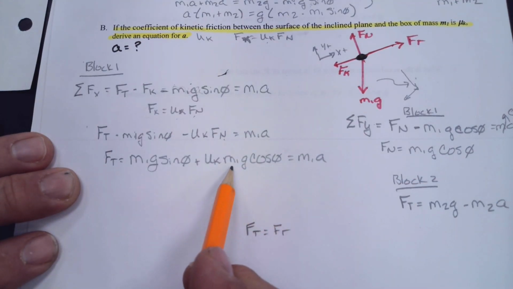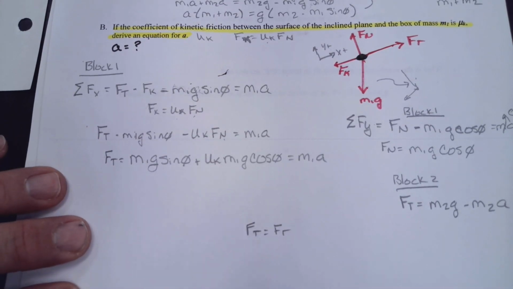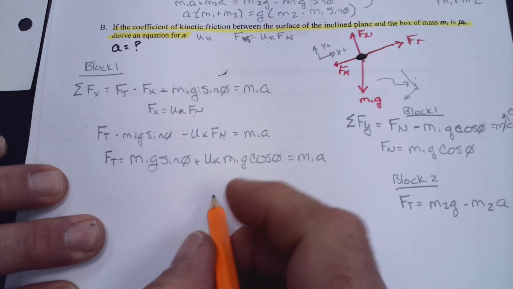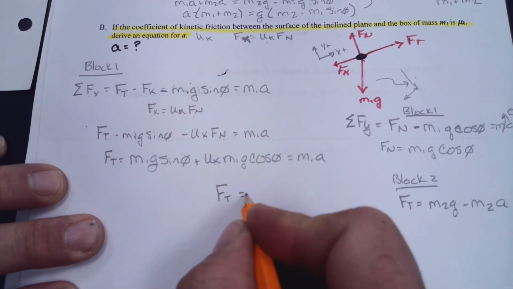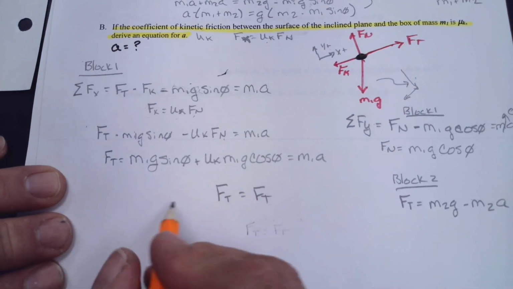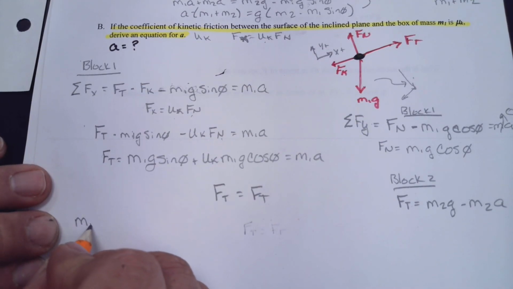Notice I'm keeping track of my little mass numbers to know which mass I'm talking about because I have a couple of them. My two tensions are equal to each other. So now it really becomes a big old algebra problem.